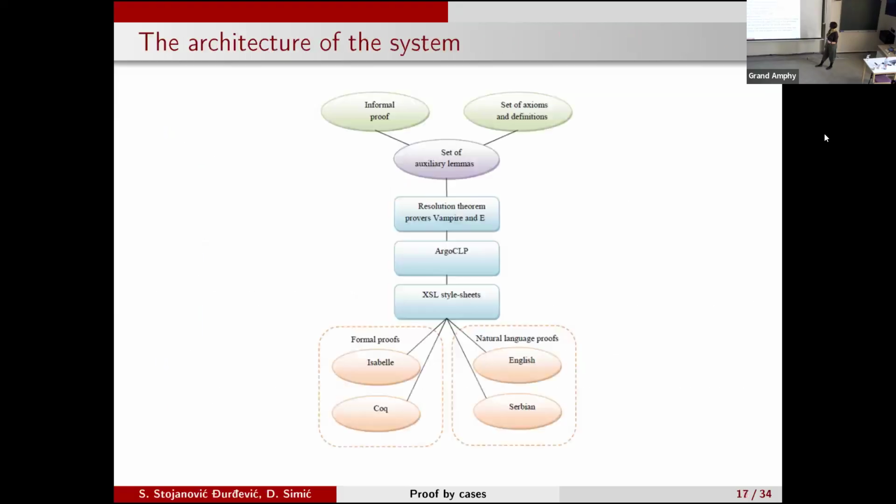This type of system, maybe this will be a little easier to comprehend. On the one side, we have an informal, semi-formal proof that we need to write. On the right side, we have a set of axioms and definitions that we are working on, which can change.